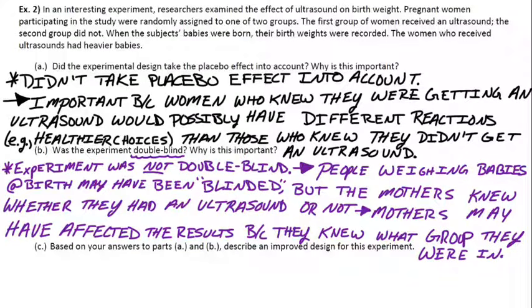Okay, so could we propose a better design for this one? Ethically, of course. That would take into account the placebo effect. The moms knew they got an ultrasound, they're watching the baby on the screen, they have this emotional connection to it, versus the moms who weren't in the treatment group, and they knew they weren't in the treatment group. What can we do to account for that?